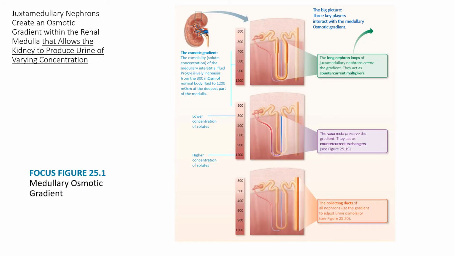So here's the big picture. Notice over here we have 300, all right? Down here at the bottom, 1200. Keep that in mind. So what we see is that the nephron loops of the juxtamedullary nephrons create the gradient, so they act as the countercurrent multipliers.